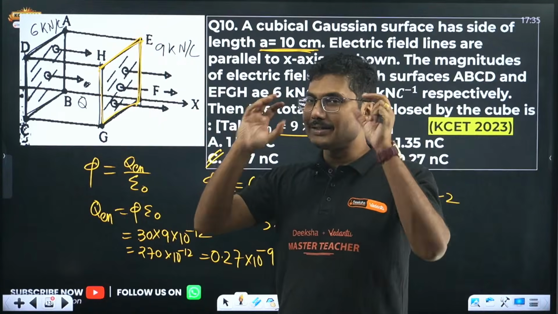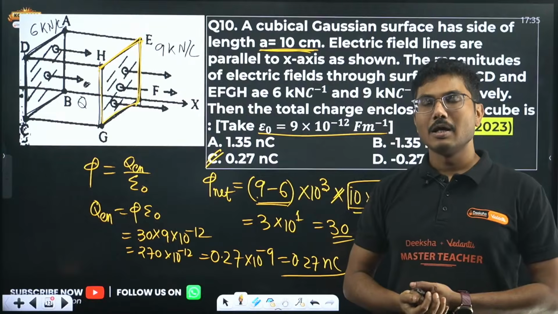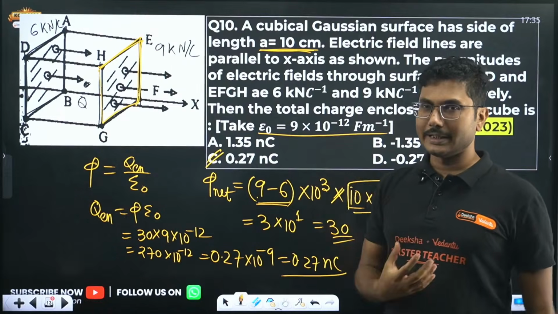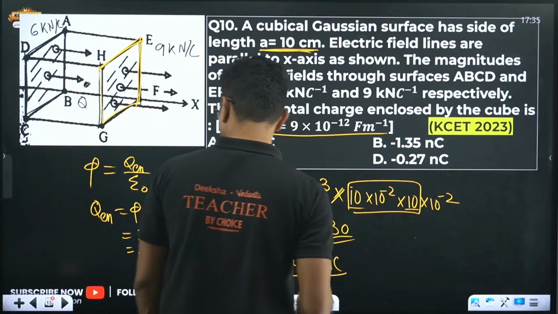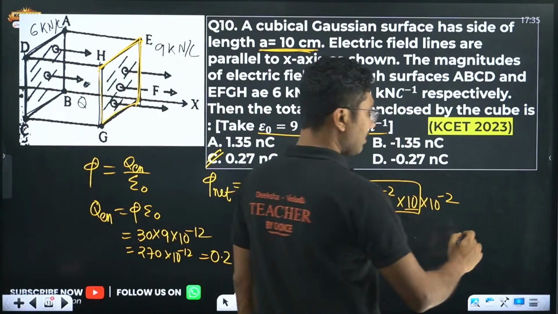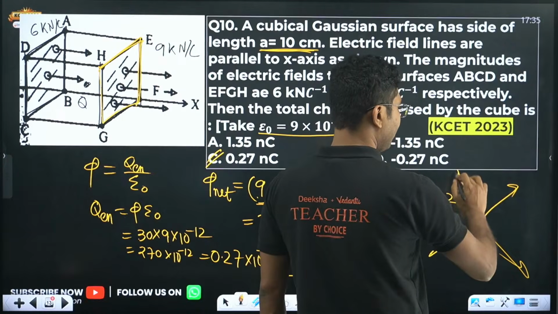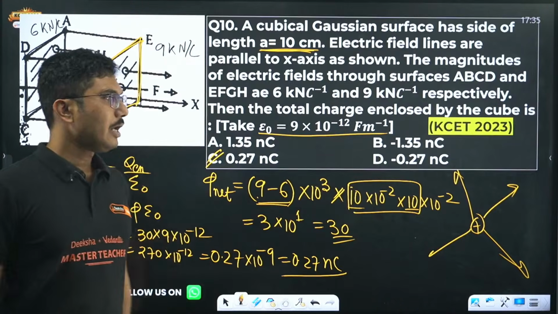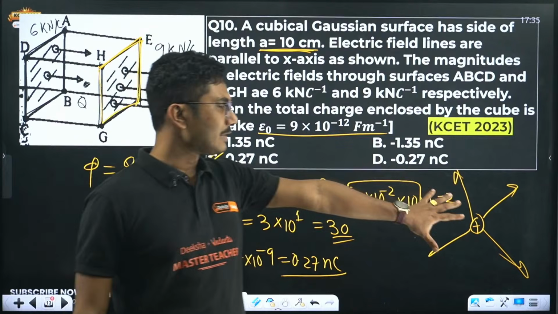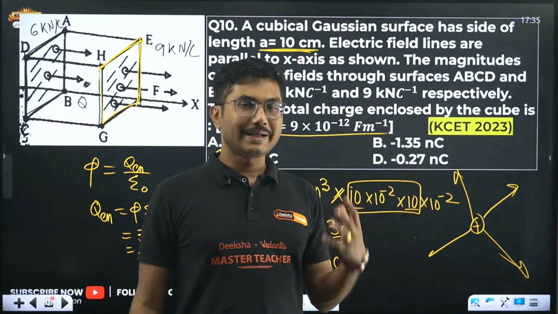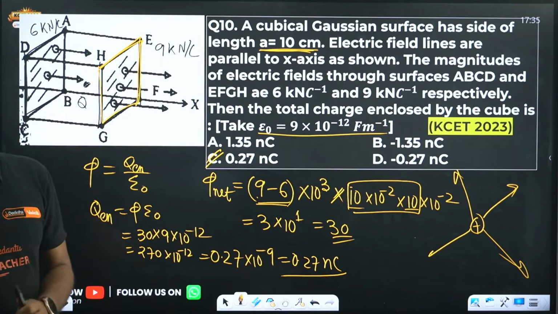So remember this very interesting, important concept: if the incoming flux is more, then the charge is negative; if the outgoing flux is more, then the charge is positive. Because for a positive charge, the net field lines go out, and for a negative charge, field lines come in. So net flux is positive for a positive charge and negative for a negative charge. So it will be plus 0.27.